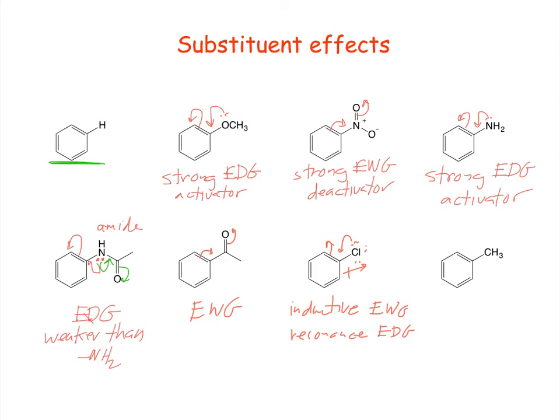So in this case, for activating and deactivating, the resonance, no, I got that backwards. Ding. The inductive effect is stronger as far as activating and deactivating. So we call these halogens a weak electron withdrawing group. It's a weak deactivator.